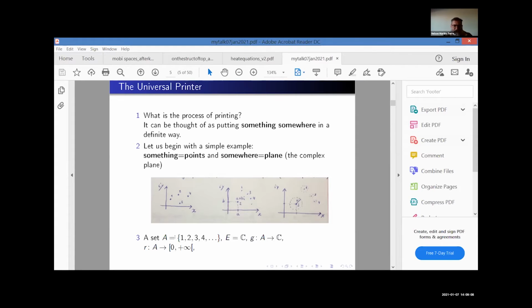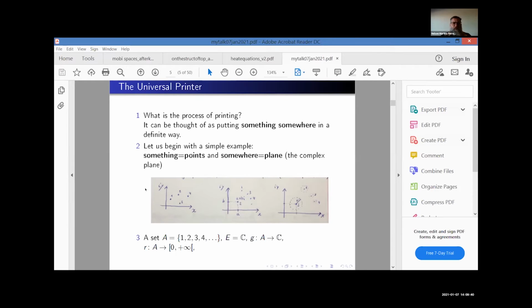So that means we have a set of things, the something, and we have a space, the somewhere. So what formally means putting something somewhere, in this case points in the plane? It's just a map that has domain the set of points and codomain the complex numbers, which gives then a geometric realization to each number.